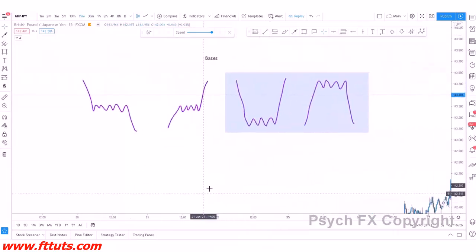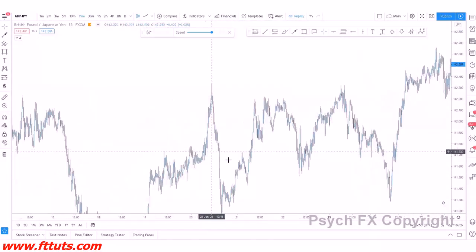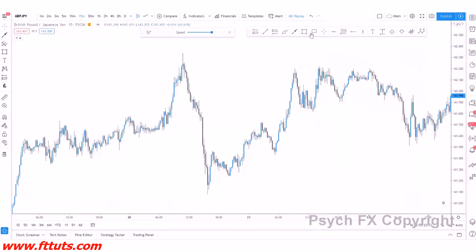The best setups you are going to find are going to be from these setups right here. In other words, a setup like this, which I'm pretty sure we marked in the last video, is more powerful than a setup like this.